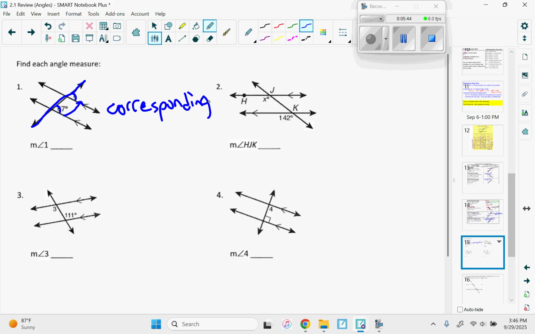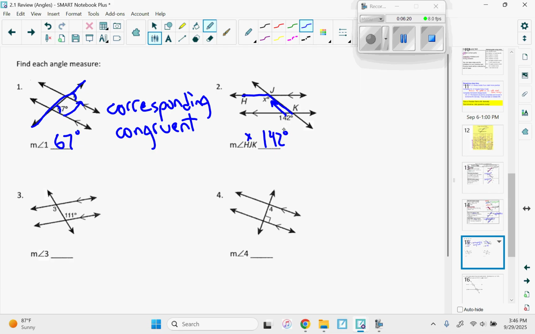Corresponding angles are congruent or the same. And so the measure of angle 1 is just 67 degrees. You'll notice number 2 is also a corresponding angle. So 142 can slide up here to where x is, and that means x, or angle HJK, is 142 degrees.